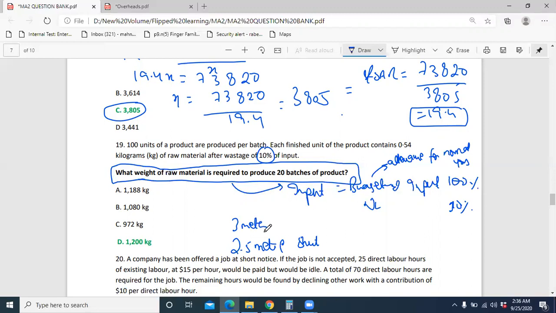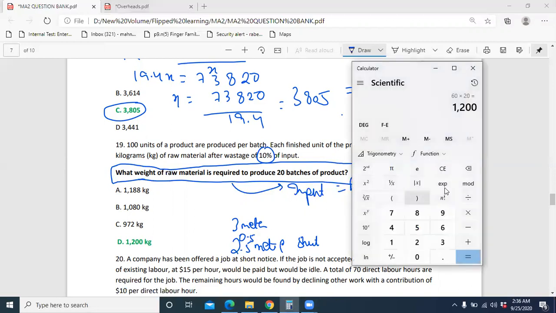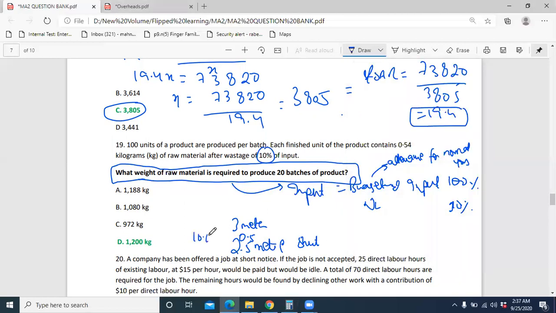That's the input quantity. And what is the loss? In the cutting and all that, the 0.5 is the loss. And 0.5 is what percentage of 3? Loss is always a percentage of your input quantity because the input is 100%. So 0.5 divided by 3 into 100. In this case, 16.67 is your loss.